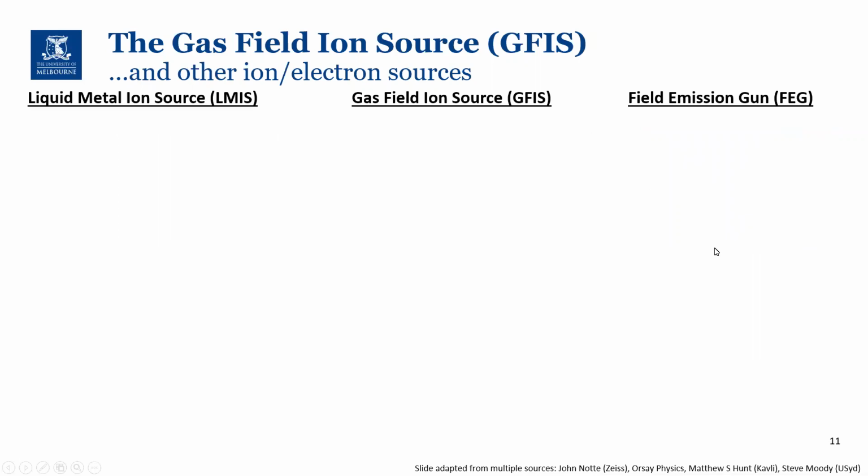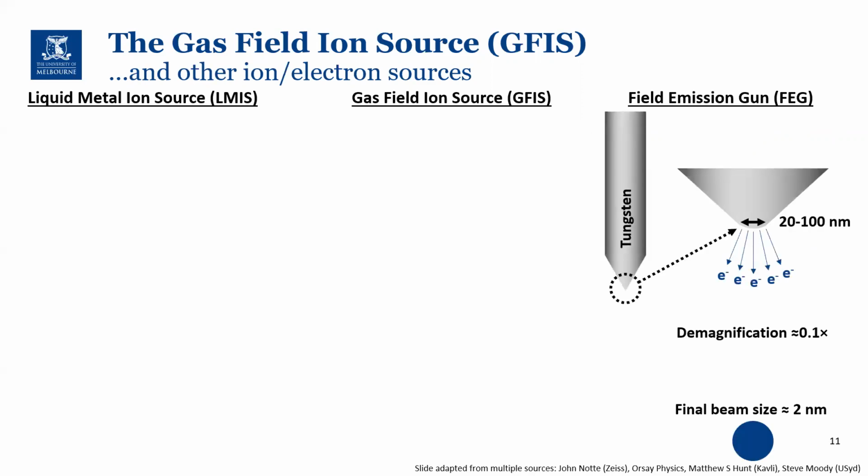So it's worth at this point discussing what the difference is between this type of source and the more common sources that you might experience in the field, being that from the SEM and perhaps a FIB-SEM. So let's start with an SEM. Typically what you would have is a very sharp tungsten tip, as we discussed. You apply a high voltage to this and electrons will stream off of the end form of that very sharp tungsten tip.